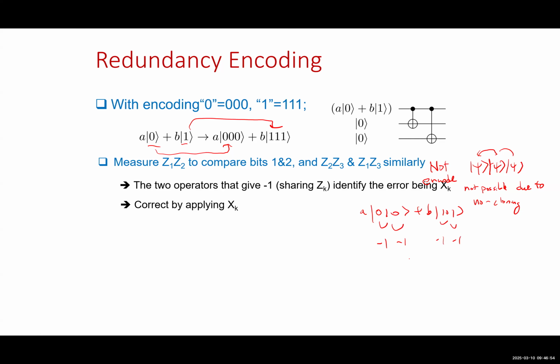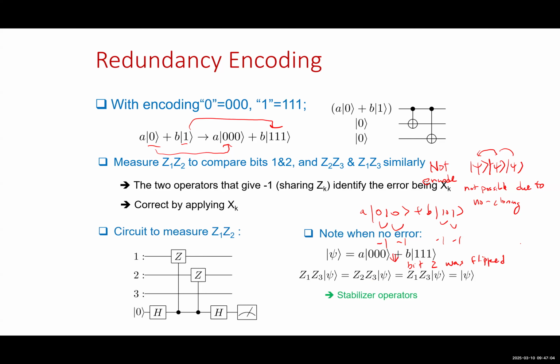So you can infer that bit 2 was flipped. This is a really simple example. Then you can also ask, how do I measure this in terms of circuit? For this we would use the ancilla. So this 1, 2, 3 is the already encoded qubit.